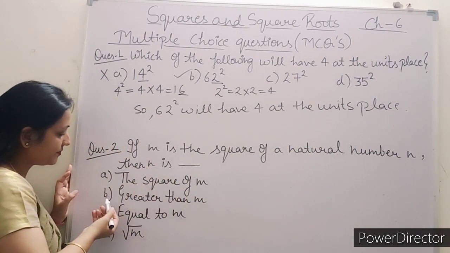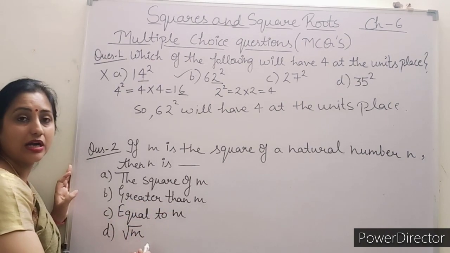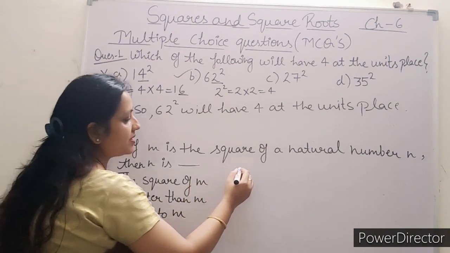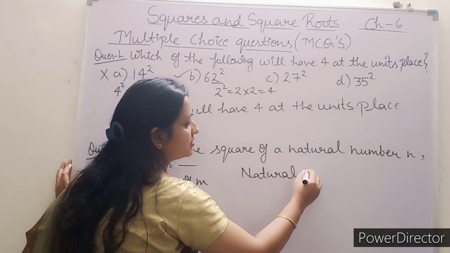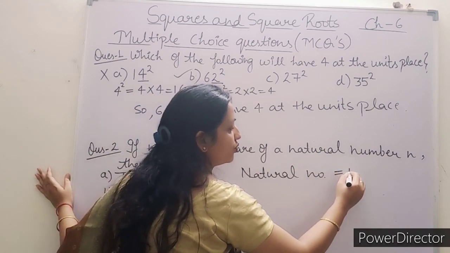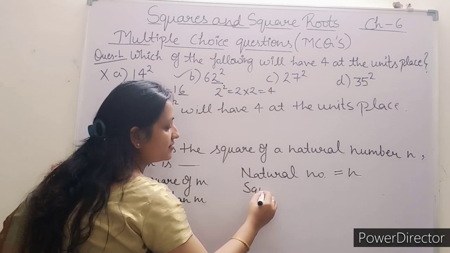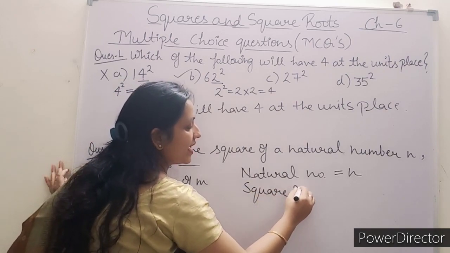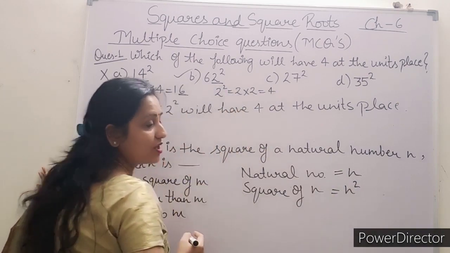Now the second question is: if m is the square of a natural number n, then n is the square of m, greater than m, equal to m, or under root m. So the natural number is n. Square of n means n square.